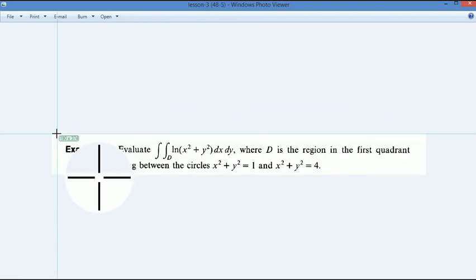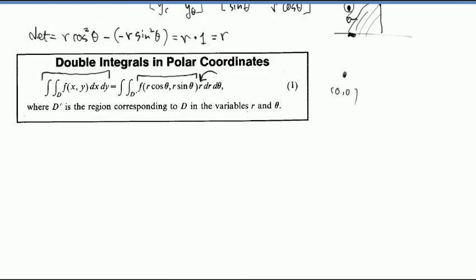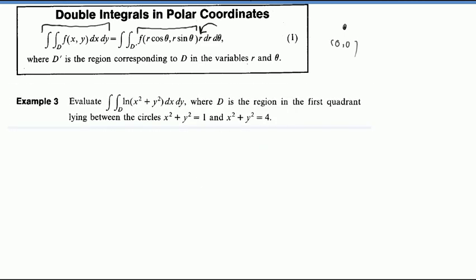Example. First goal is analyzing the region D and understanding this is good for a polar transformation. So let's write the problem down, and then I'll address the first question.